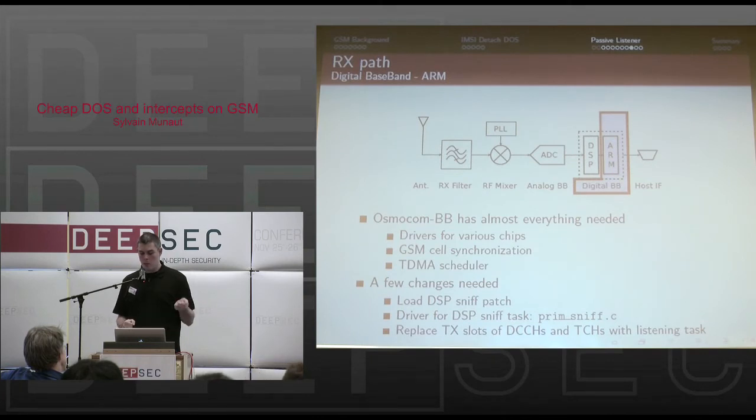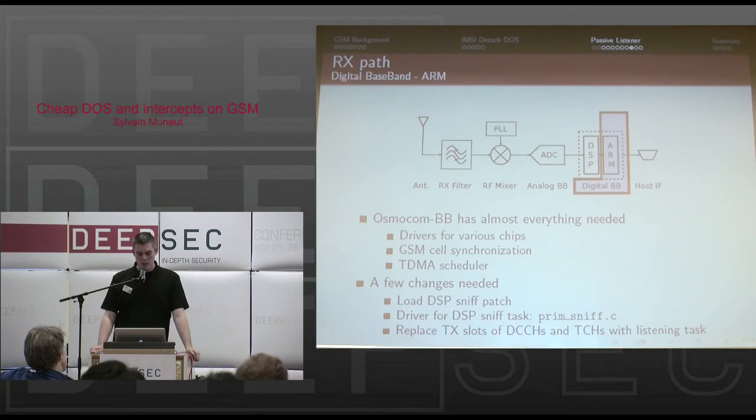And finally, we never want to transmit anything; instead, we want to receive, but instead of receiving on the downlink frequency, we want to listen to the uplink frequencies. So the changes in the ARM code are actually pretty simple, if you're familiar with the Osmocom-BB code, I would say.